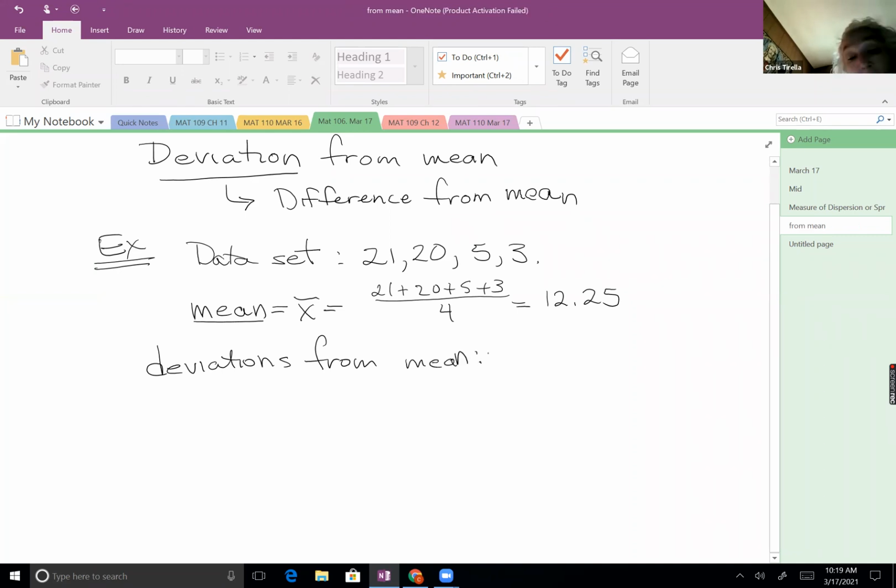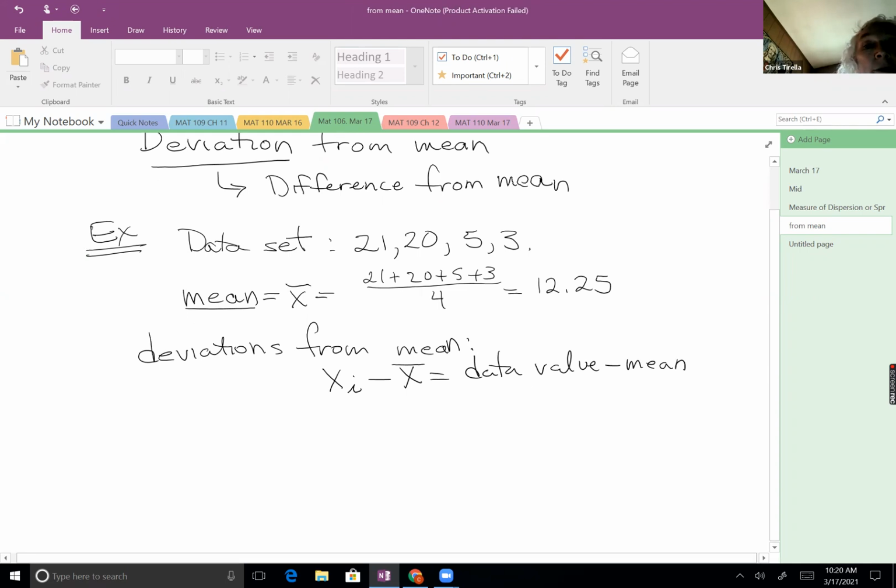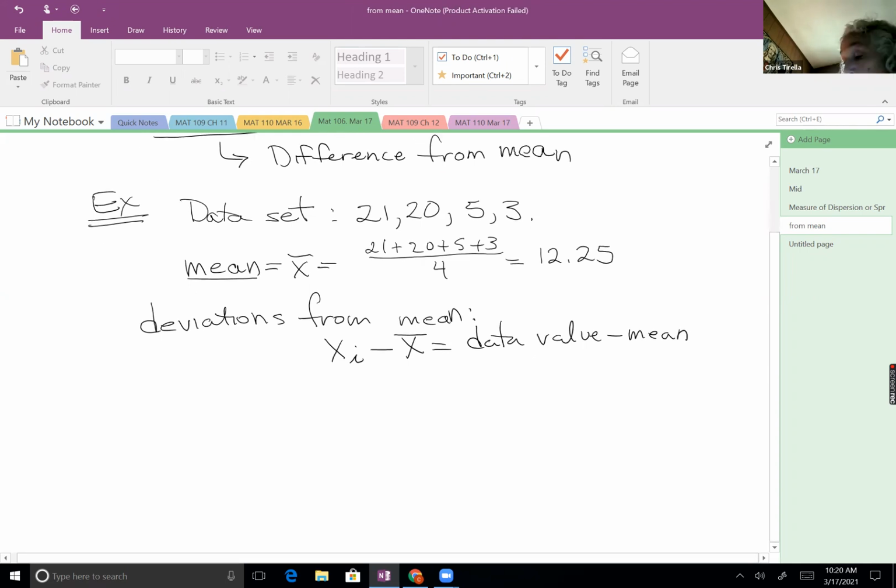what I would do is I would take each data value minus the mean. And so here, because we have 4 data values, we'd have 4 deviations. We'd have 21 minus 12.25, which would give me 8.75.